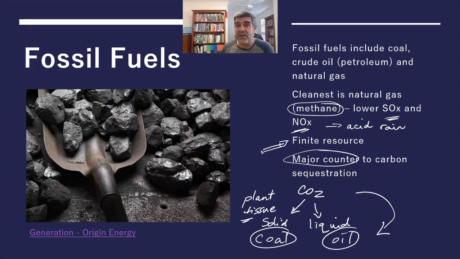And this is one of the reasons why there's a lot of research and money being spent in trying to determine how we could effectively use strategies to take that carbon dioxide out of the atmosphere and put it somewhere, whether we build biomass through building more plant tissue or some other way of being able to extract that carbon dioxide. And that's, of course, something that we're going to be looking at in future videos.